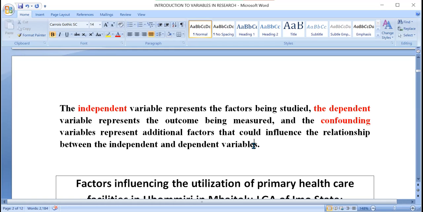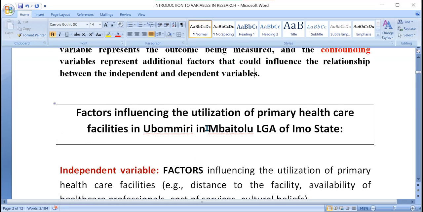Because we know as one goes older, one has high chances of coming down with cancer. So in order to control the confounding variables, you need to randomize. Okay, but that's beyond the scope of this lecture.